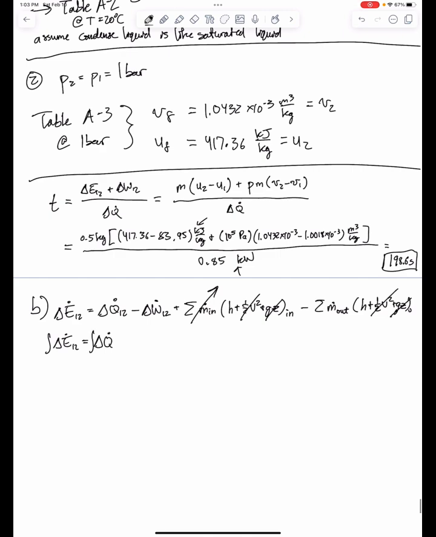And there's mass out this time, which is m dot. Let me just quickly change this because I'm kind of on autopilot.